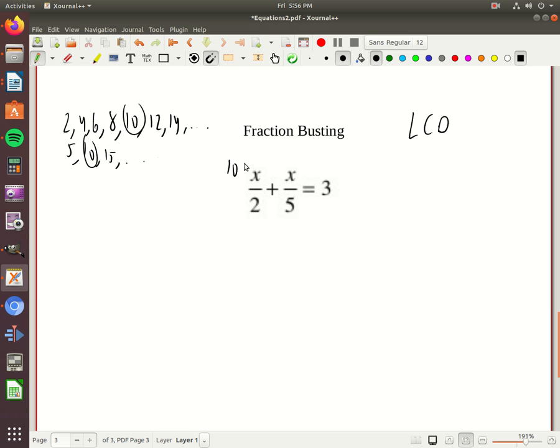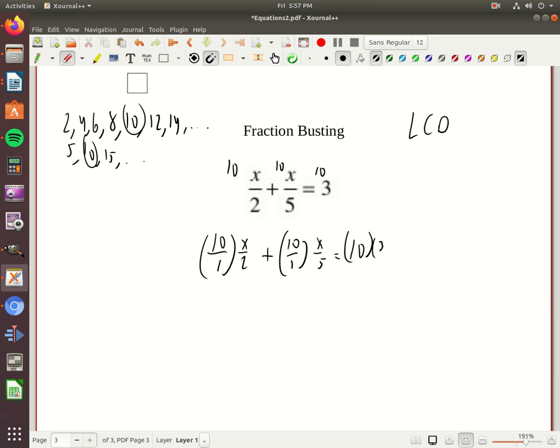I'm going to multiply every term here by 10. And just to make this look a little bit better, I'll rewrite it. So I have 10 over 1 times x over 2 plus 10 over 1 times x over 5 equals 10 times 3, right?